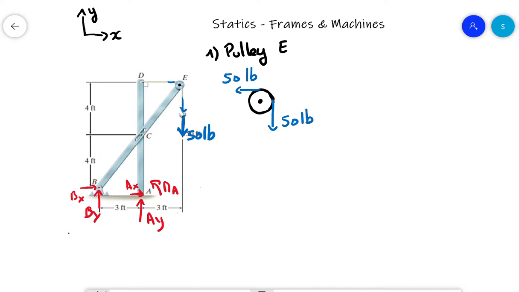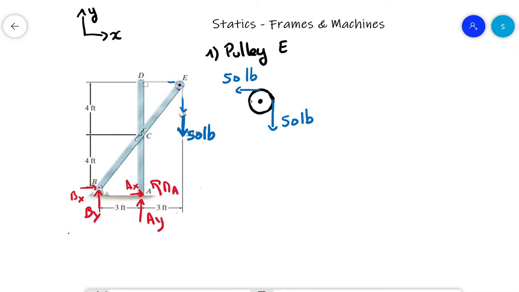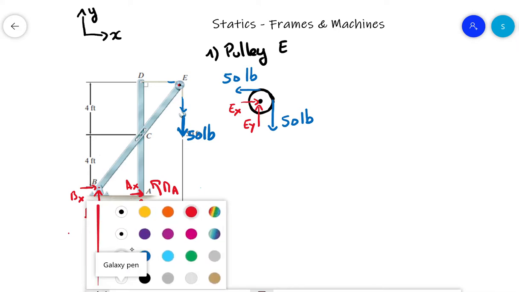A smooth frictionless pulley just changes the direction of the tension, not the magnitude. At the pin in the middle there are 2 reaction forces, which I will call Ex and Ey.